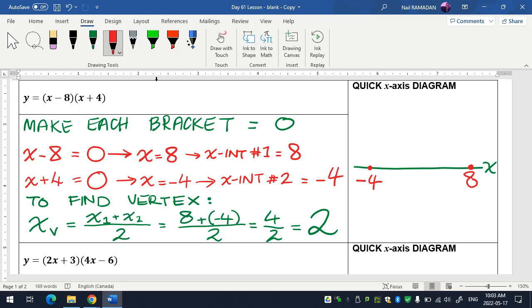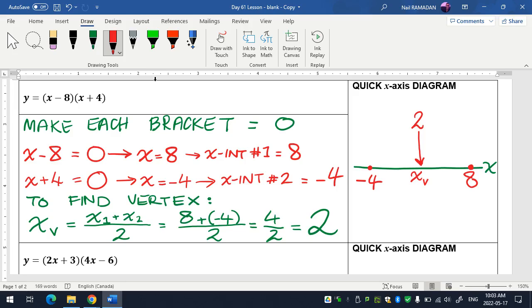Always has to be in the middle. So roughly, I'm going to put it right here. Done. That's it.